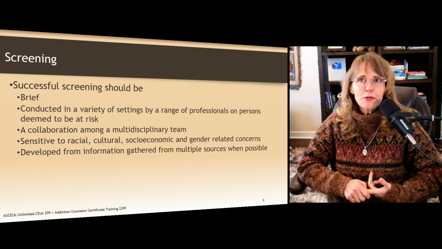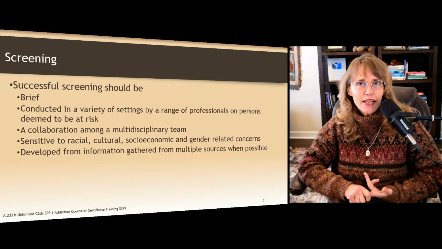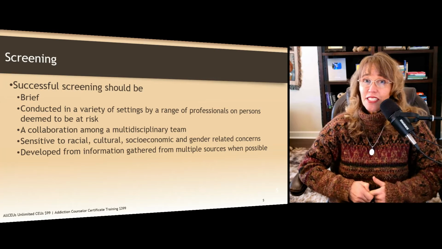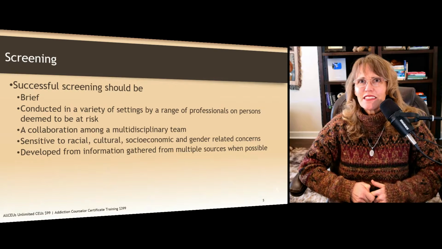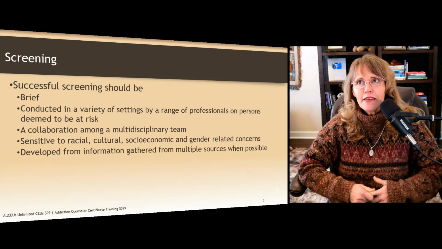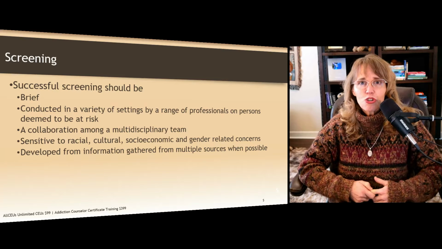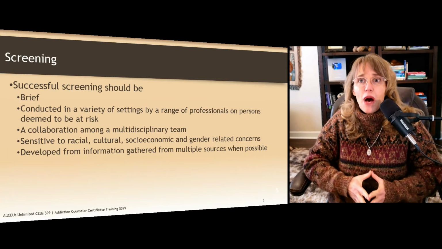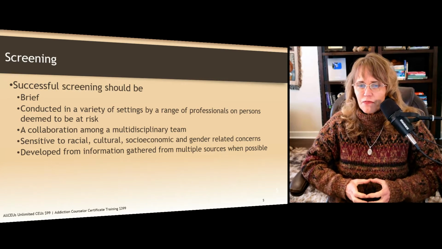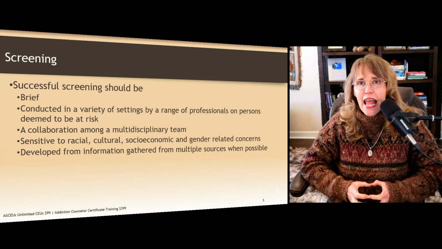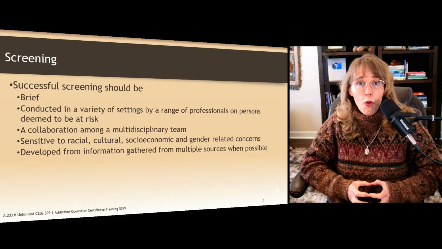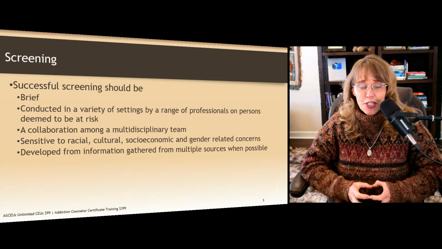A lot of people with addictions are in denial about their addiction, or they don't want to admit their addiction. So they're not going to tell you about stuff that may mean that they screen as possibly having an addiction. So if you have ancillary information in the screening, it helps support your ultimate conclusion.